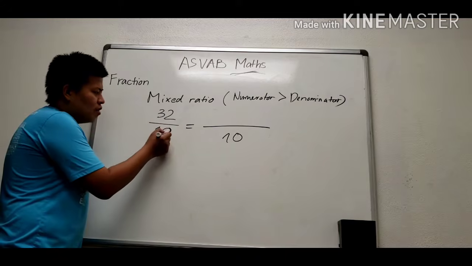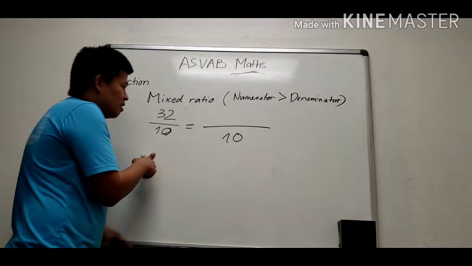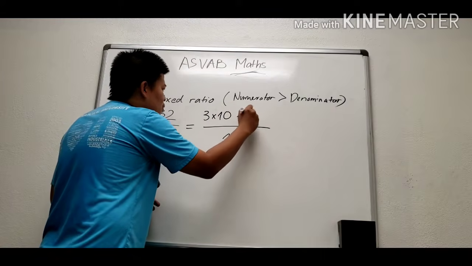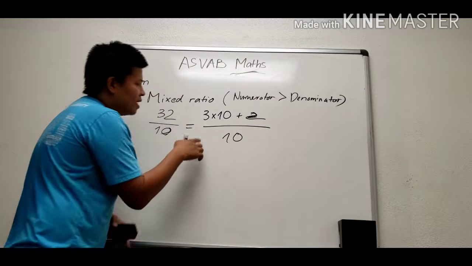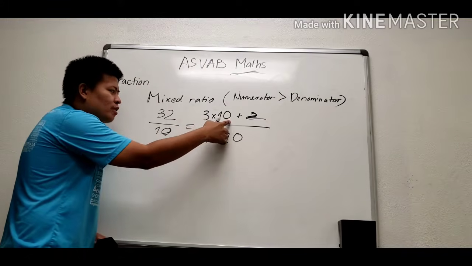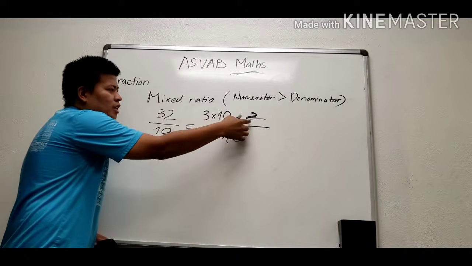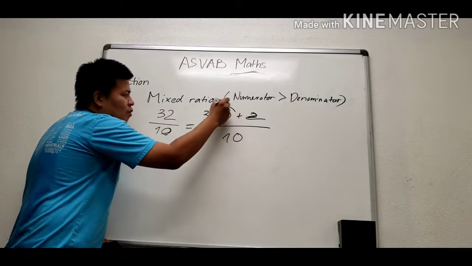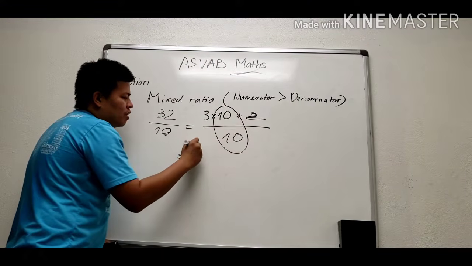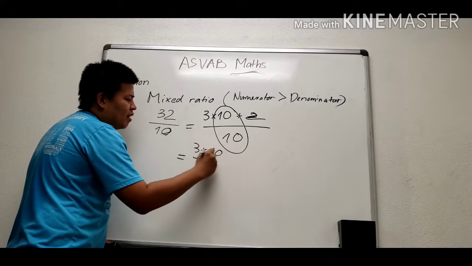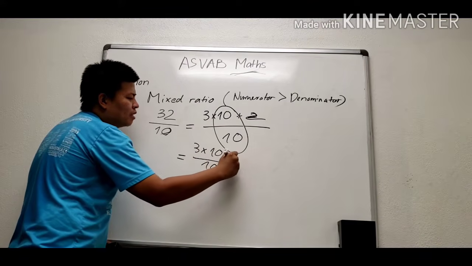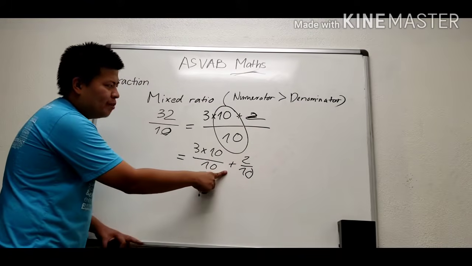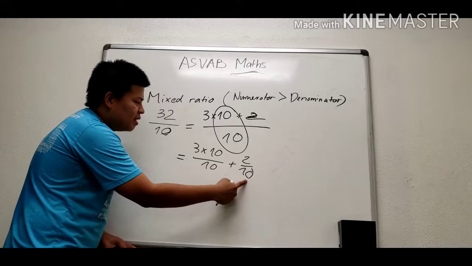In here, we can see that 32 can be 3 multiplied by 10 plus 2, because 3 multiplied by 10 is 30, plus 2 is 32. We can separate them because they have a common denominator: 3 multiplied by 10 divided by 10, plus 2 divided by 10.